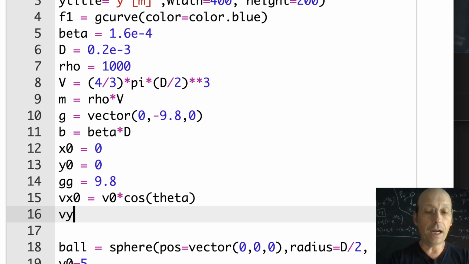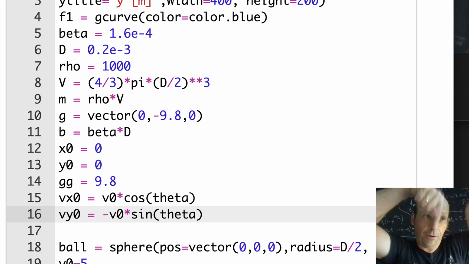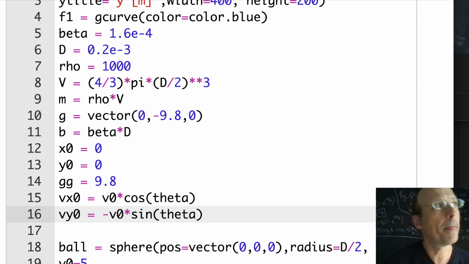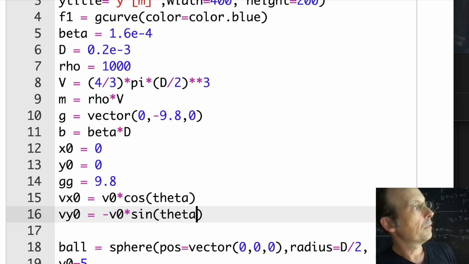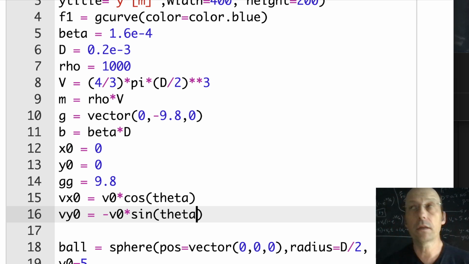And then vy0 is going to be equal to negative v0 times sine theta, right? Because I called down positive, and I think this will work, right? And then that's going to say it's moving in the negative y. I think then when I plot it, I'll need to plot negative y. I think. Okay.